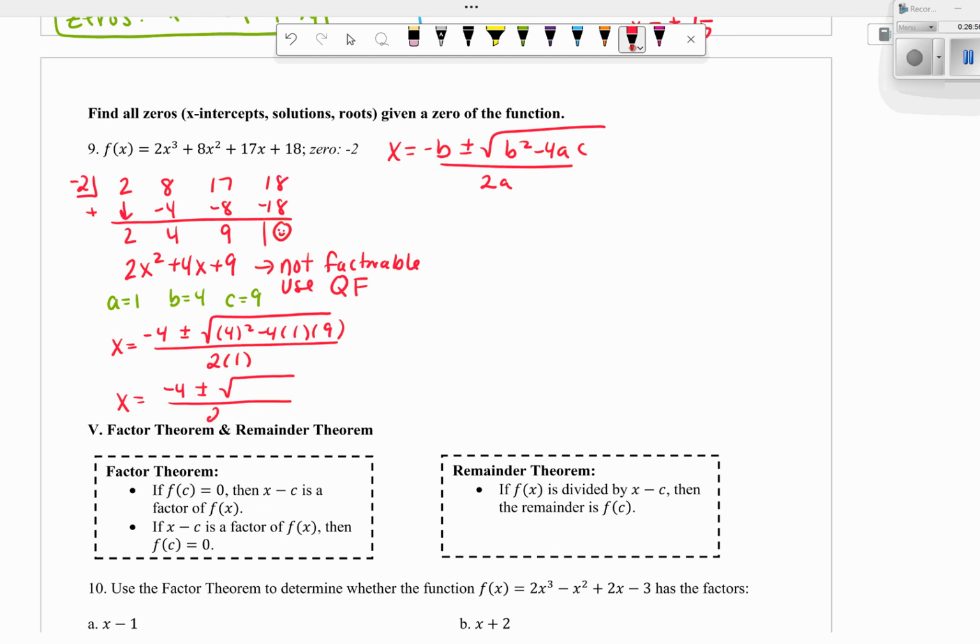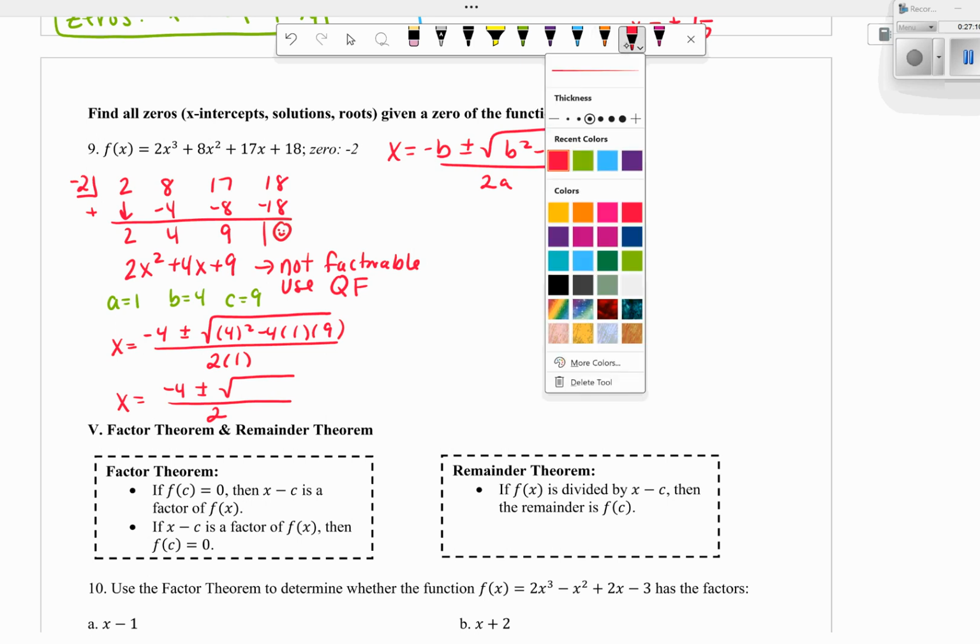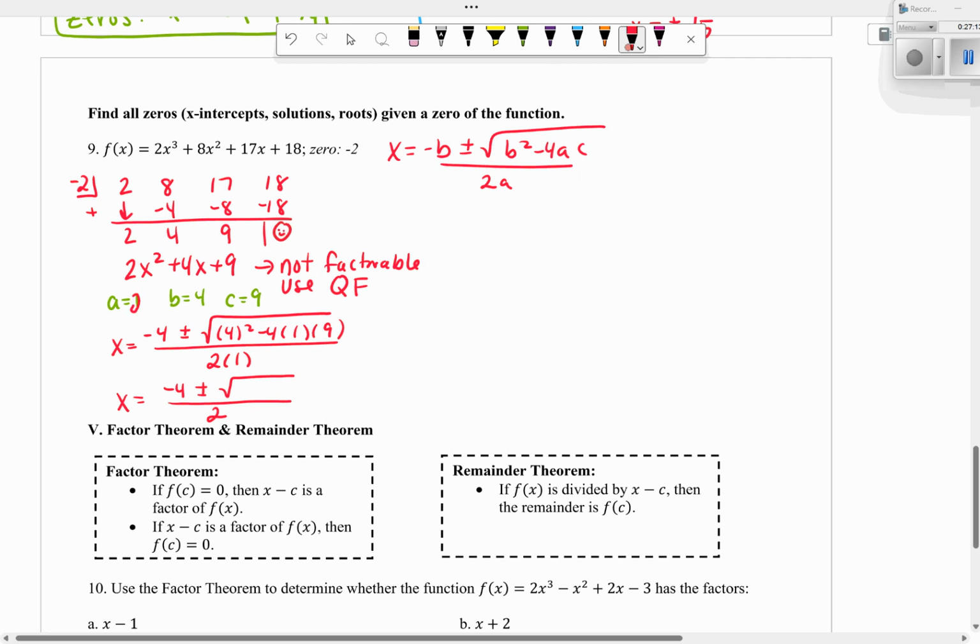So we're going to simplify what's underneath the radical. So 4 squared would be 16 minus 4 times, I just realized I did that wrong. This is 2x squared, so this a should have been 2, not 1, sorry. Change that, so that would be 2 there, and a 2 here, so that means this should be 4. Sorry, I didn't realize I had put 1 instead of the 2 for the a.